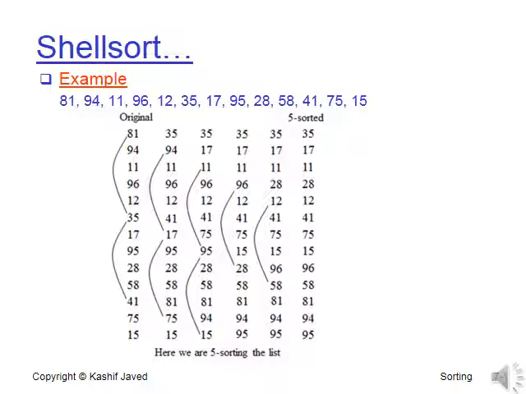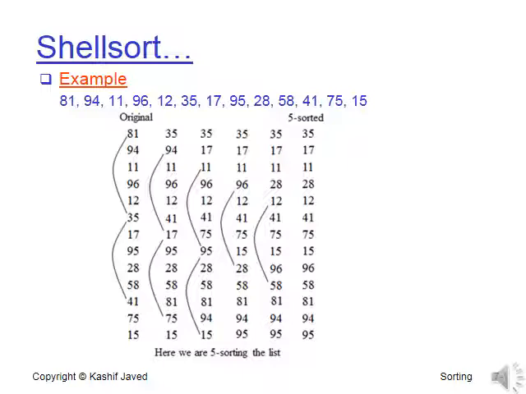Then we will look at numbers 11, 95, and 15 and swap the values such that we have 11, 15, and 95 in the array slots. Then we will look at numbers 96 and 28 and swap the values such that we have 28 and 96. Then we will look at numbers 12 and 58, which are already in order.